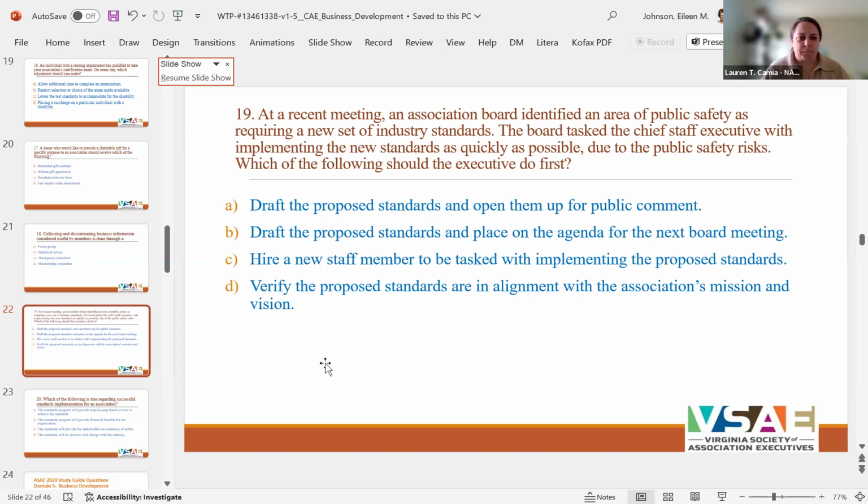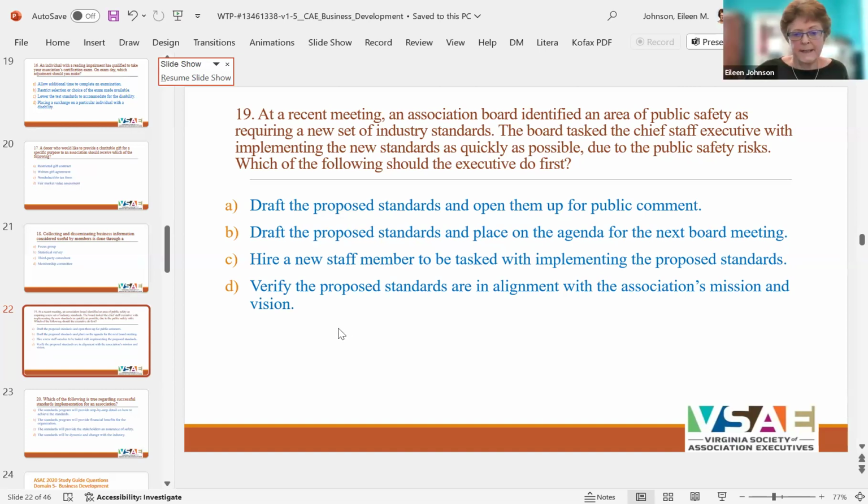I kind of feel like D, verify the proposed standards are in alignment with the association's mission and vision, is the broadest, highest, very first step answer. So that's why I think D.